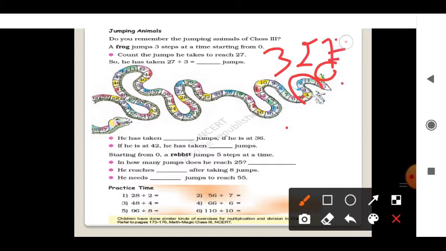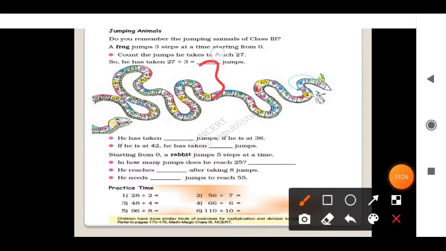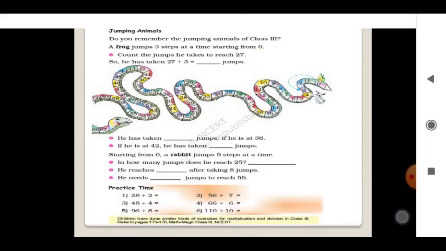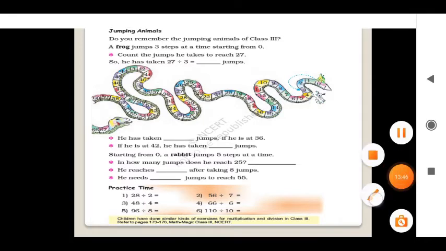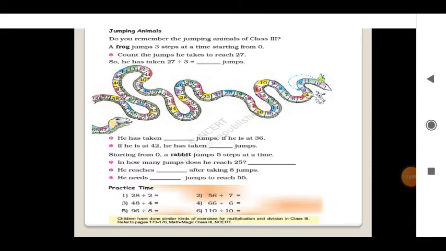If you divide 27 by 3, how many times? 3 nines are 27. So it is 9 jumps.